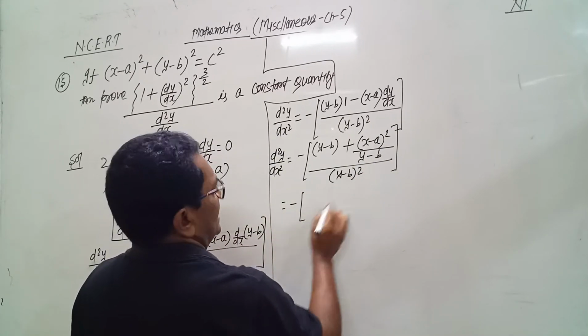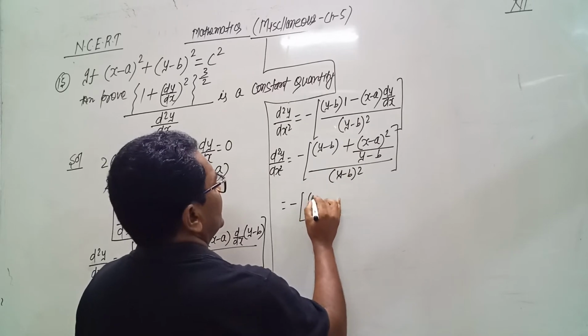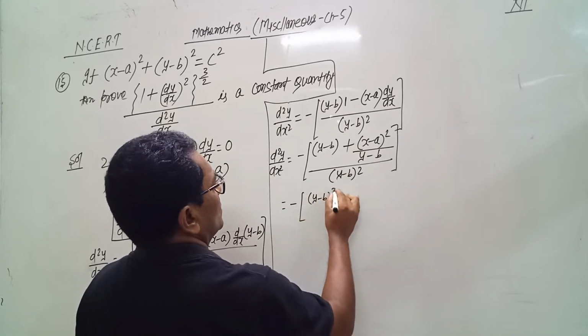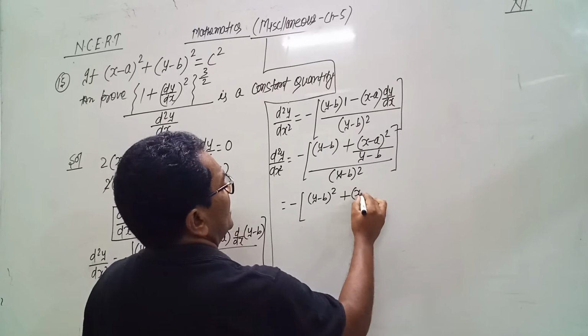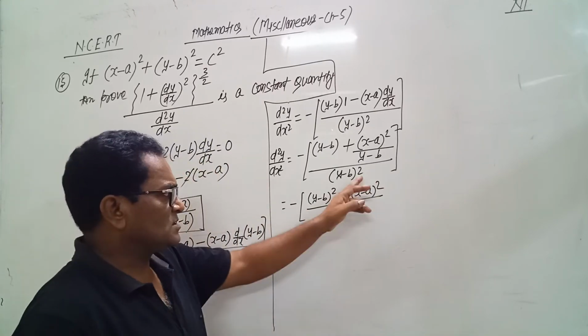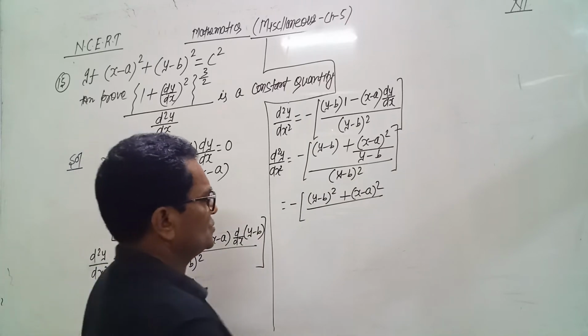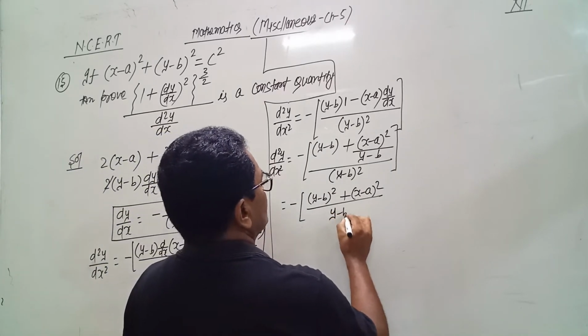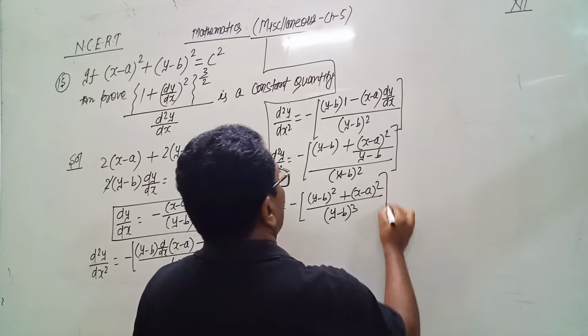So by taking LCM we get (y minus b) the whole square plus (x minus a) the whole square upon, this goes at the denominator place and it becomes (y minus b) the whole cube.